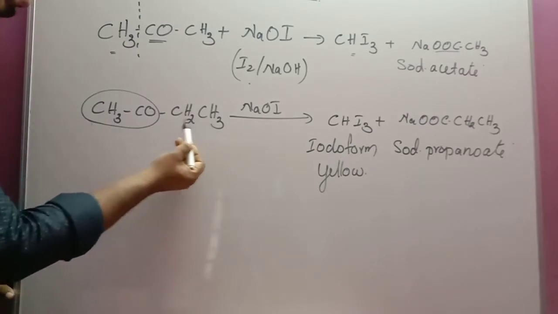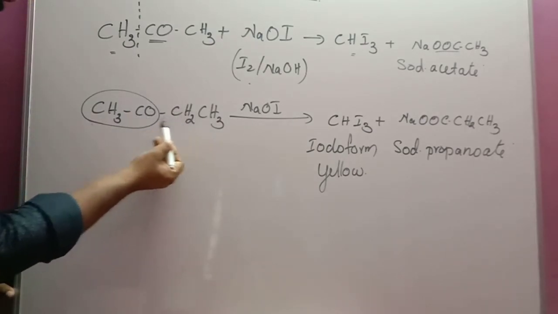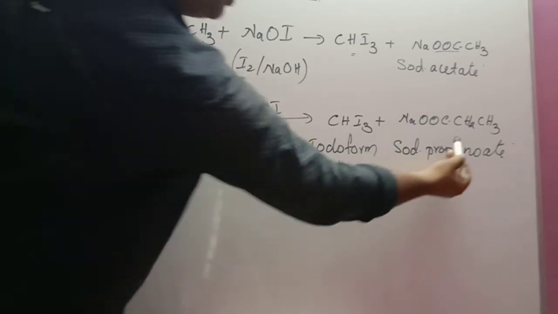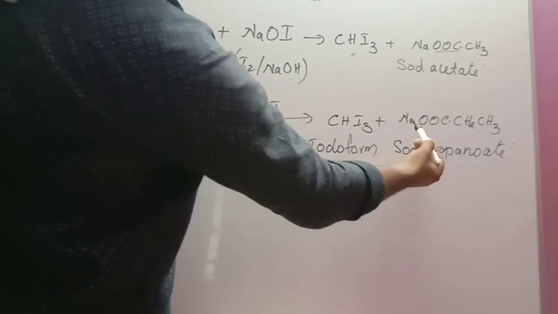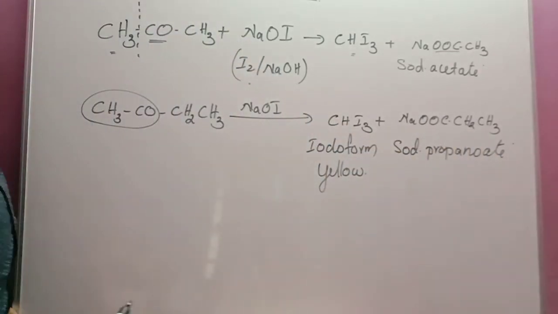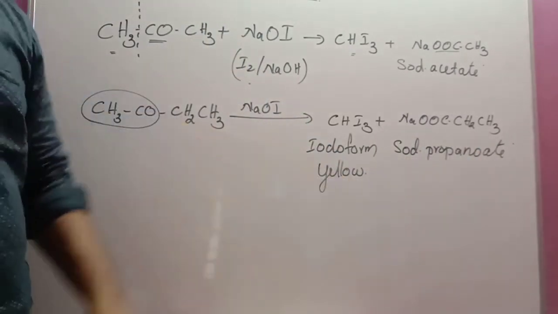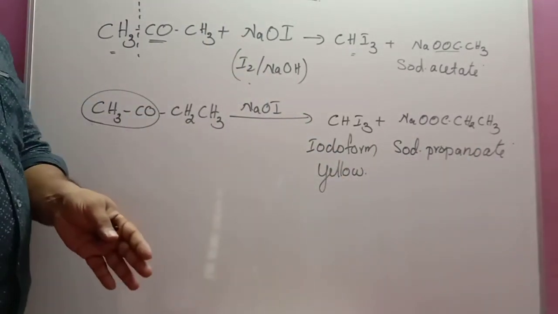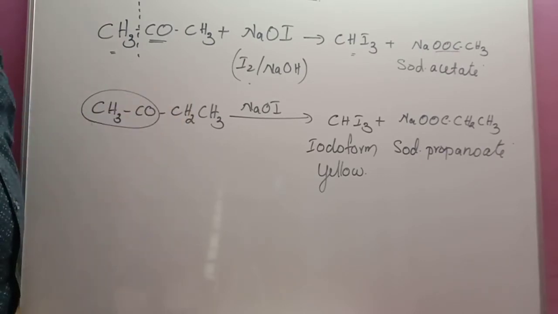Then there is CH3CH2CO. So you have 3 carbons, that CH3CH2CO. CO will become COOH and it forms a salt with sodium. So sodium propanoate, since there are 3 carbon atoms. If you hydrolyze the sodium propanoate in acid medium, you will get propanoic acid. So that is the main part of that question.